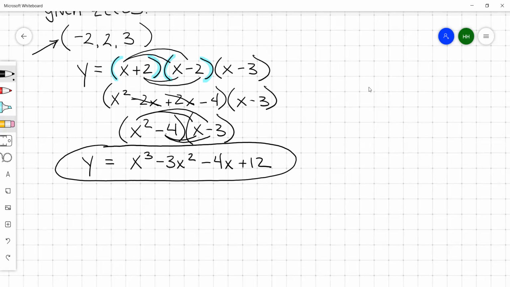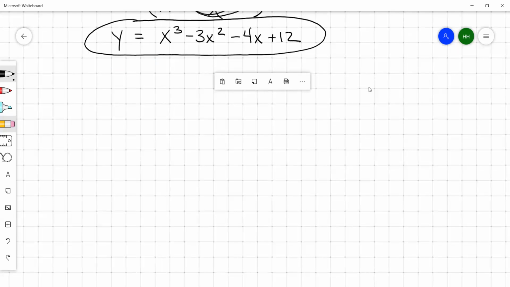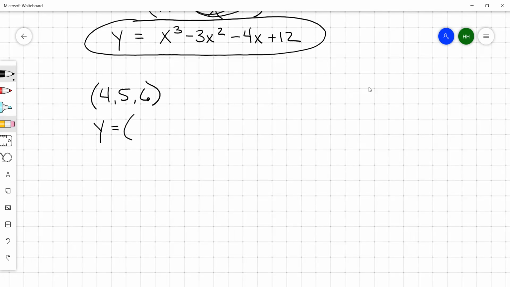Let's say that we are given 4, 5, and 6. 4, 5, and 6 are our zeros. If we write this in factored form, we get y equals x minus 4 times x minus 5 times x minus 6. Agreed?